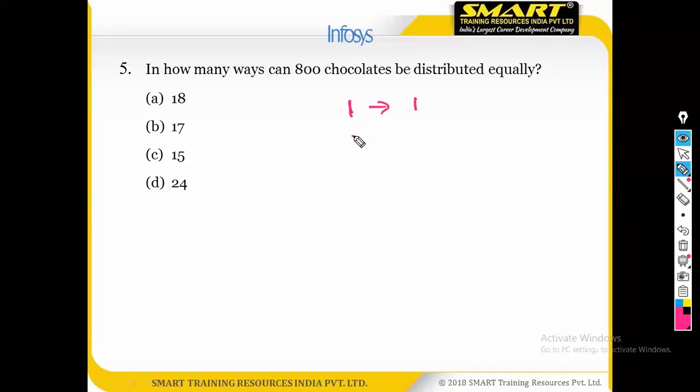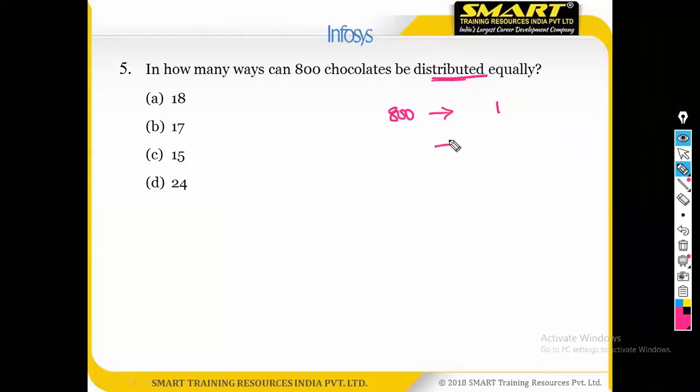If I have 2 chocolates, see guys, here it is distribution, hence giving to one person is wrong. So let me take the number 800 itself. I have 800 chocolates. If there is only one person, I'll give all the chocolates to this one person itself. Here the number of persons is not mentioned.